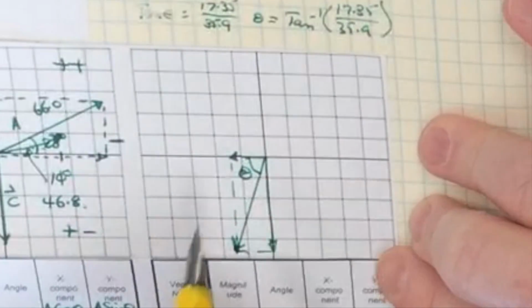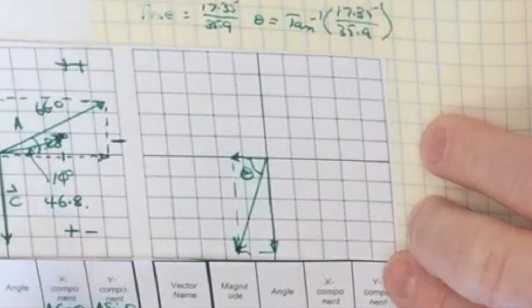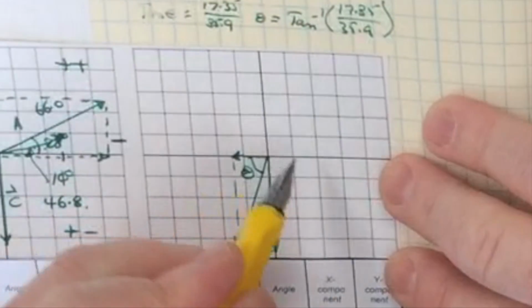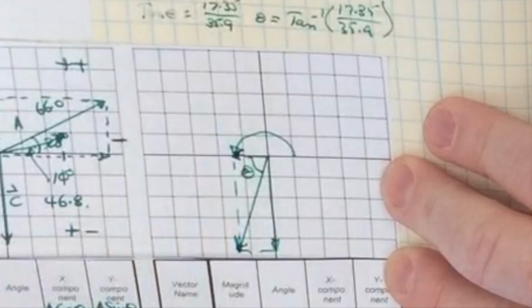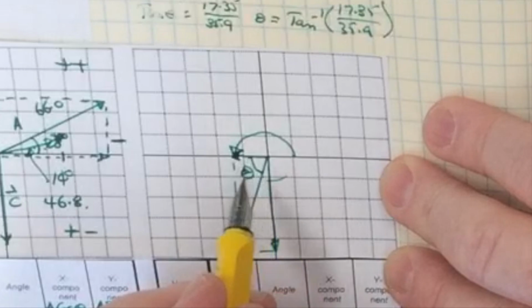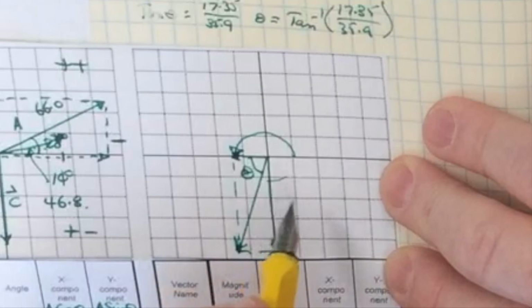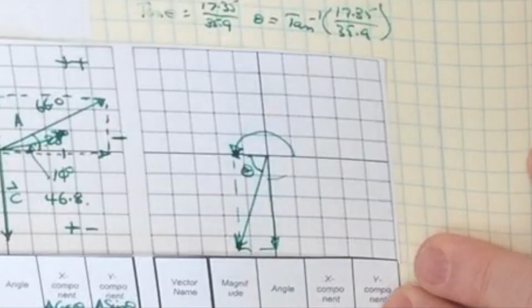And I'll have to be careful about what it asks me in the problem to define the angle with respect to. If it's with respect to the positive x-axis, I could go this way, add 180 degrees to that angle, or I could go this way, subtracting this angle from 180 degrees and giving a negative angle as the answer.